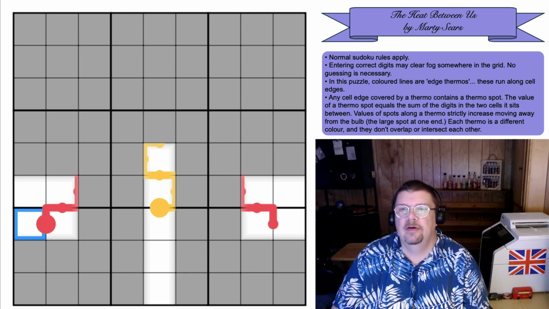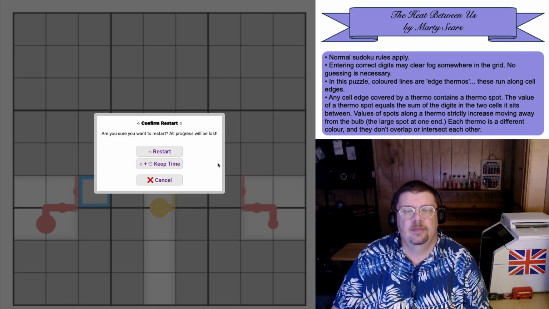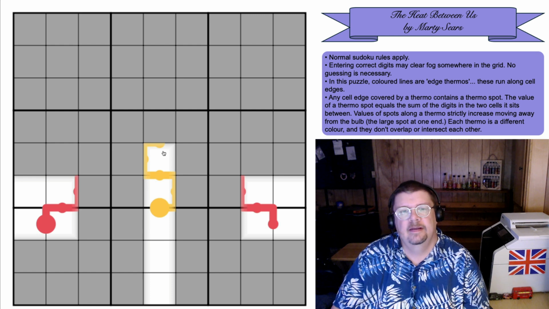Okay, each thermo is a different colour, and they don't overlap or intersect with each other. Okay, with that in mind, let's restart the puzzle to reset the timer, and let's begin.